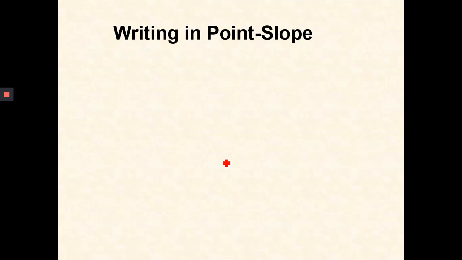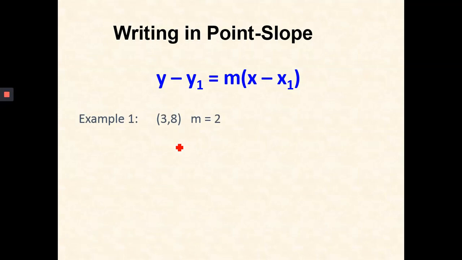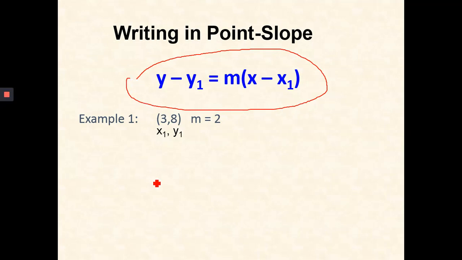We're going to write a given equation in point-slope form. We have 3 as x sub 1 and 8 as y sub 1, and your slope is equal to 2. So what are we going to do?